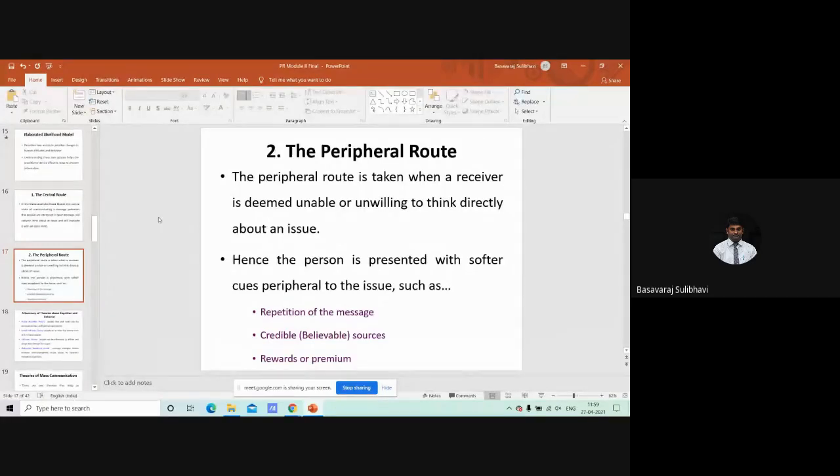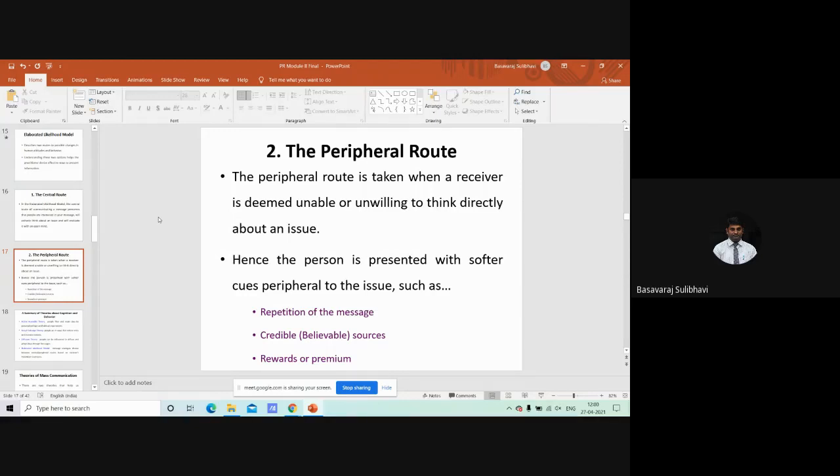Then we have credible sources, which you can use as believable sources. People often give interest to information on the basis of the source and its authenticity, and how much trustworthiness the source has. If it comes from certain types of sources, that gives the public a belief in receiving the message, and confidence in it to discuss it in certain forums.